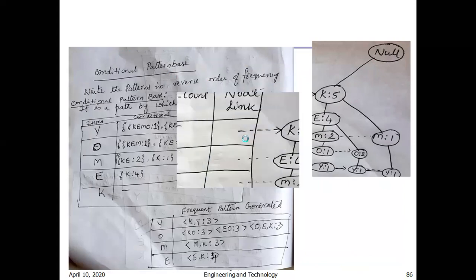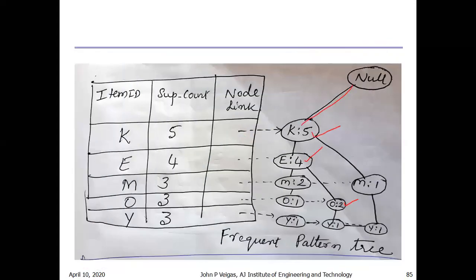Here we have drawn the items, not item ID, just a correction. Items are K, E, M, O, Y. But while writing in the conditional pattern base, we need to write in reverse order of the frequency.